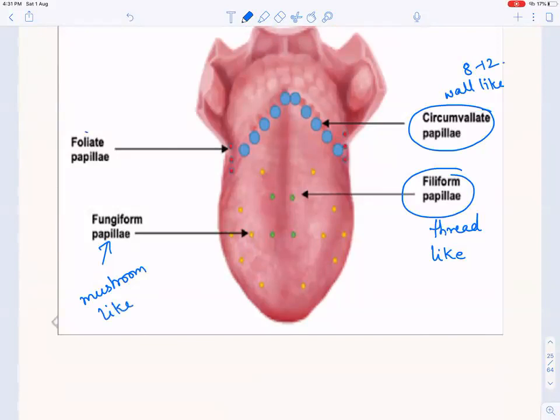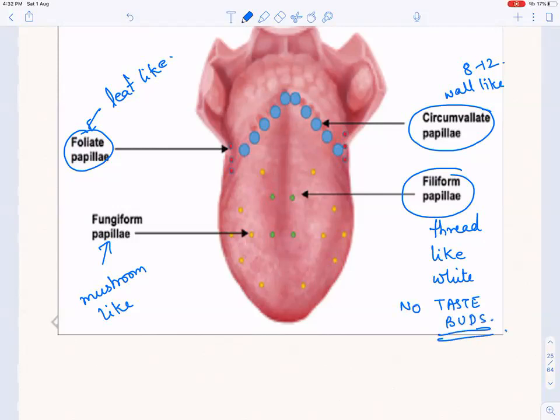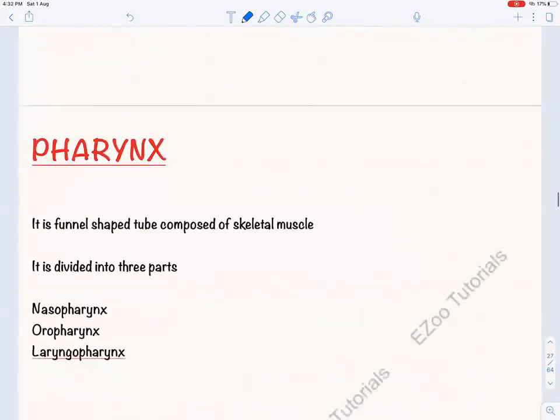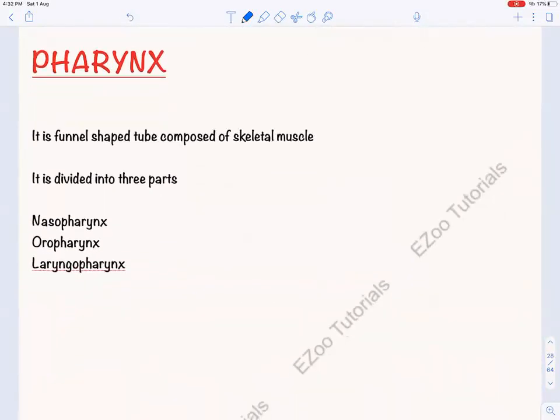Foliate, leaf-like. And filiform are white, and the most important thing, no taste buds. Please remember this point, guys. Okay, so this is about the tongue.